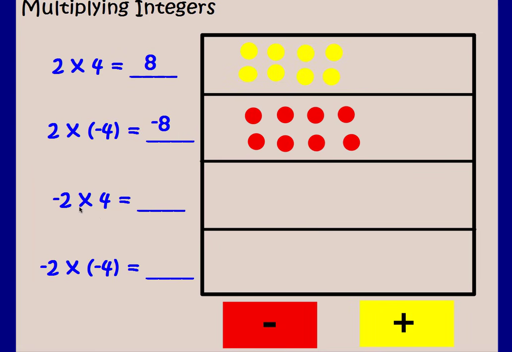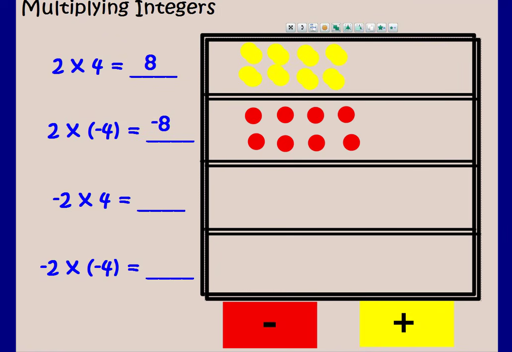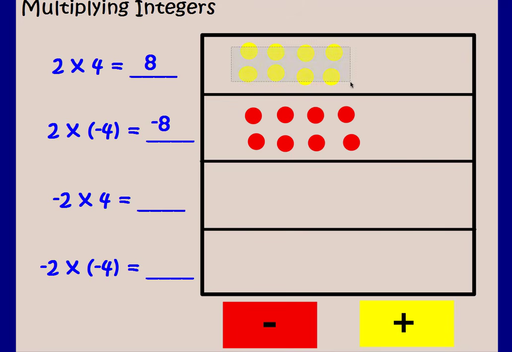Now what if I change it and I say negative 2 groups of 4? Well, remember, negatives mean the opposite. So what we're saying is that we want the opposite of 2 groups of 4. So I can take my 2 groups of 4.